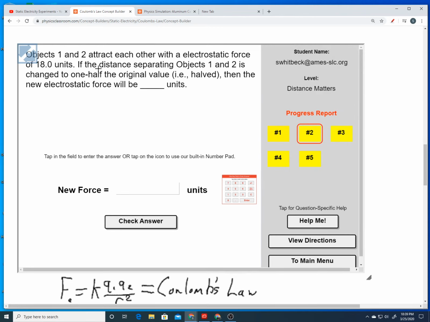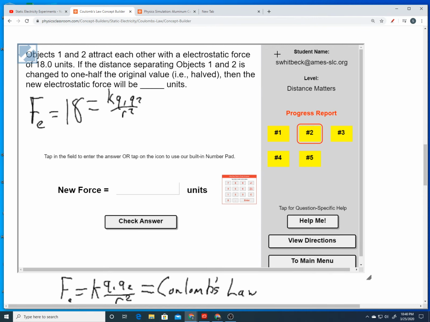Okay, so in this case we have our 2 objects that are attracted to each other with an electrostatic force of 18 units. And that's equal to the original, KQ1, Q2 over R squared.